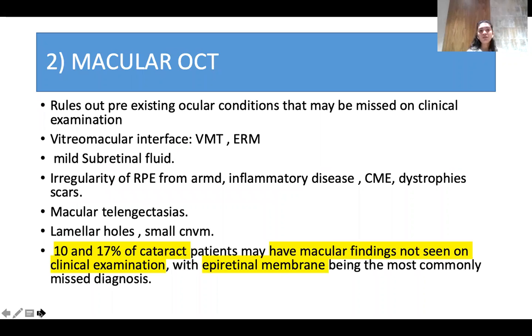What we're trying to look for on the macular OCT is any vitreomacular interface issues like vitreomacular traction, a mild amount of subretinal fluid, any irregularities of the RPE, lamellar holes, macular telangiectasias, because all of these are going to help us rule in or rule out certain premium IOLs. Next slide, sir.